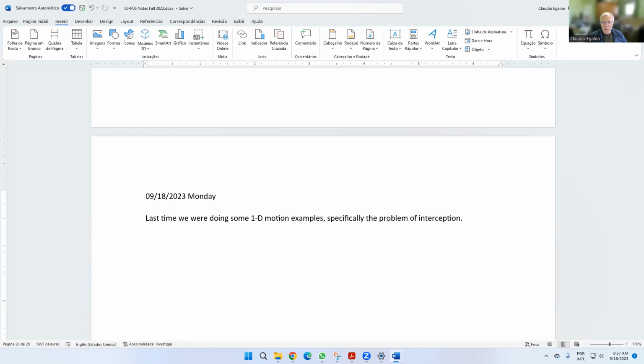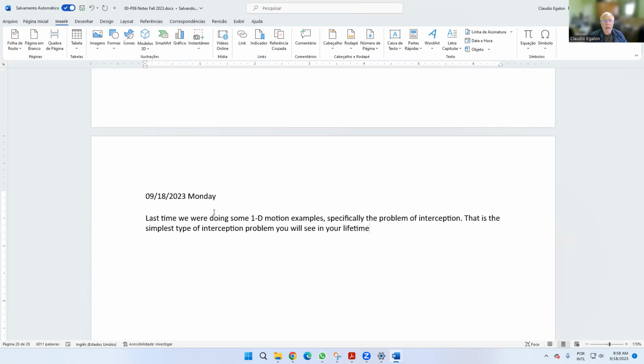I call this type of problem the problem of intersection. Okay, and when one car intercepts the other, right? That is the simplest type of intersection problem you will see in your lifetime.